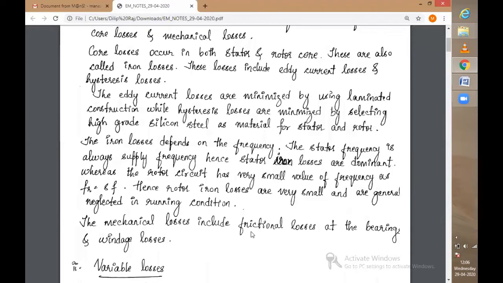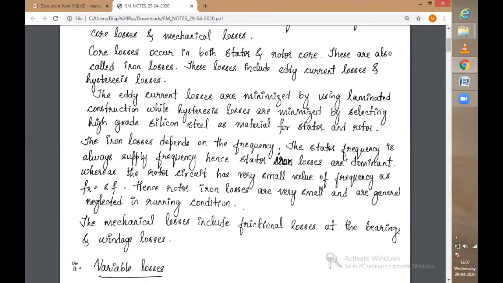Unless the supply voltage and frequency are varied, the stator voltage and stator frequency remain the same, whereas the rotor frequency depends upon the slip value. The slip is maximum only during starting, and as the motor starts rotating, the slip decreases, because of which the rotor frequency Fr, given by S times F, will be very small compared to the supply frequency F.